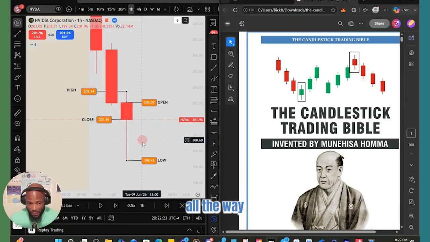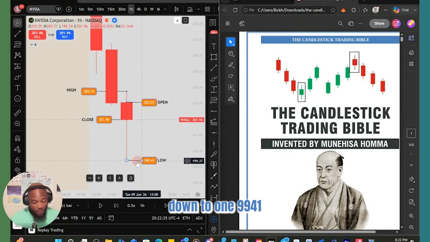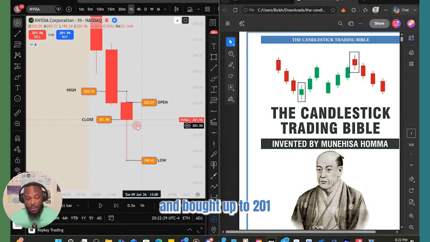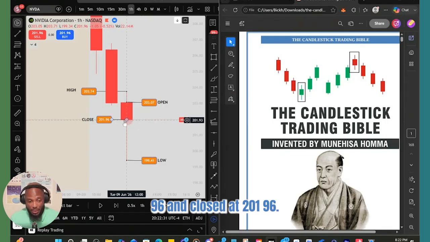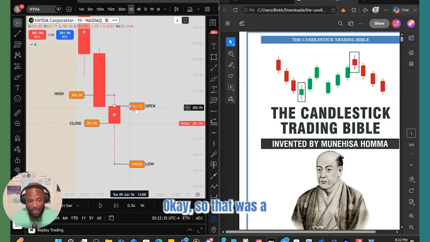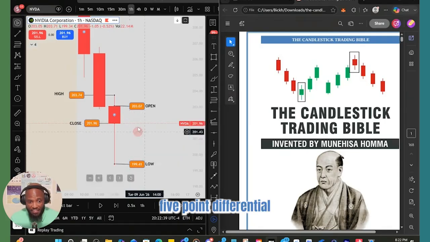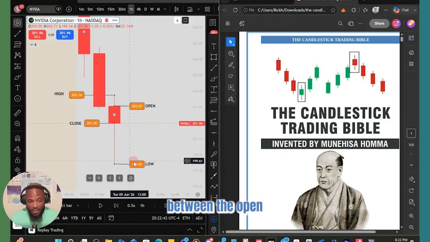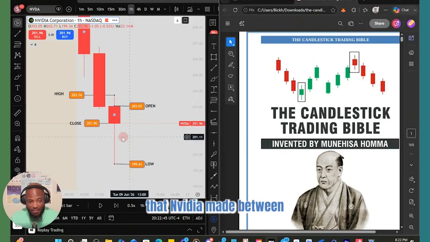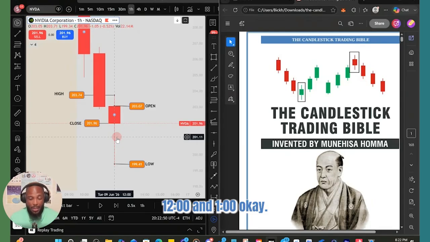Got pushed all the way down to 199.41 and bought up to 201.96 and closed at 201.96. Okay. So that was a roughly 5-point differential between the open and the lowest price that NVIDIA made between 12 o'clock and 1 o'clock.